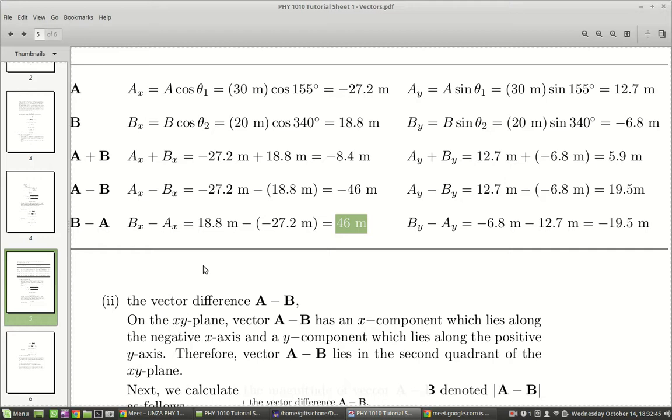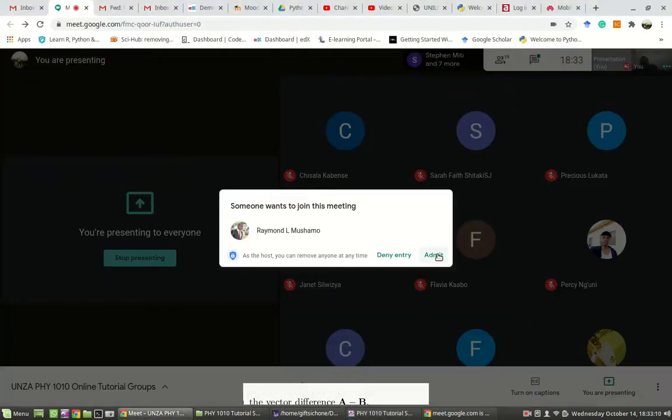This means that the vector b minus a lies in the fourth quadrant. You can imagine a small sketch where the x component lies along the positive x-axis and the y component lies along the negative y-axis, then this vector b minus a is going to lie in the fourth quadrant. Is that clear?